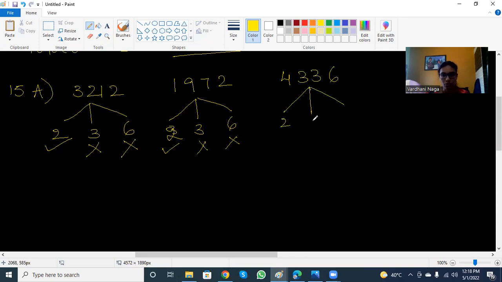Let's check. Since it has 6 in the units place, it is divisible by 2. What about 3? 4 plus 3, 7. 7 plus 3, 10. 10 plus 3, 13. 13 plus 3, 16. 16 plus 6, 22. It's not a multiple of 3, so it is not divisible by 3. So it is not divisible by 6 also. 2 more numbers. 80052.